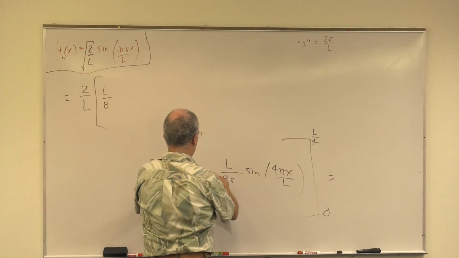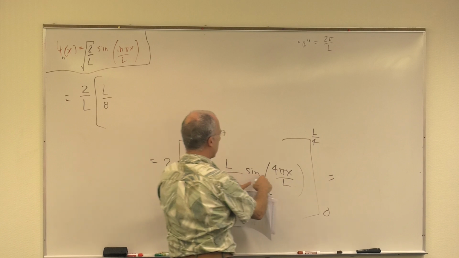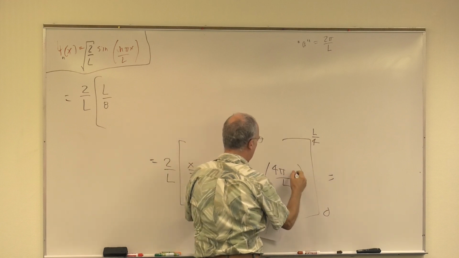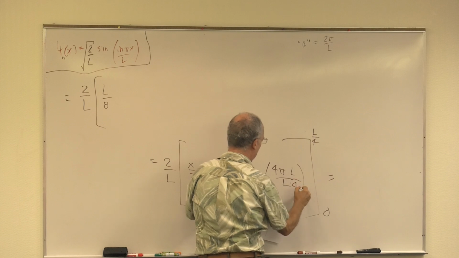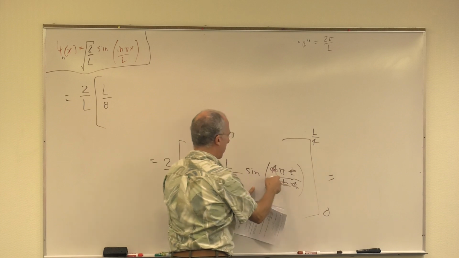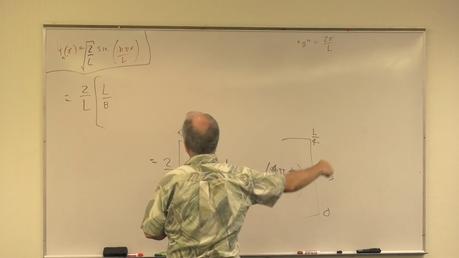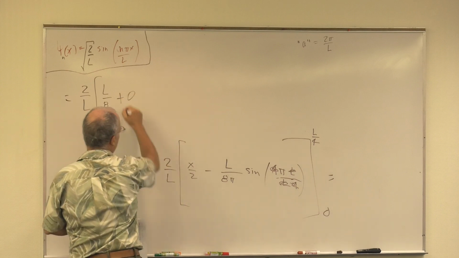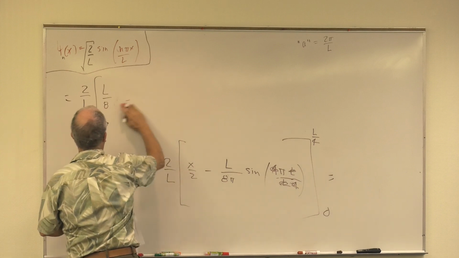Then minus L over 8 pi sine. Let's put the L over 4 in. The L's kill, the 4's kill, I get sine of pi. Sine of pi is 0, so I don't have to worry about that.